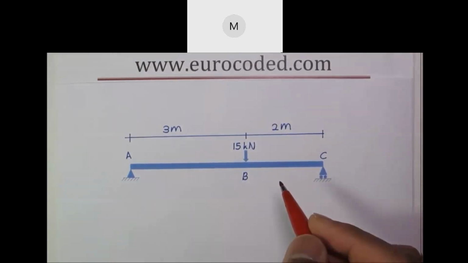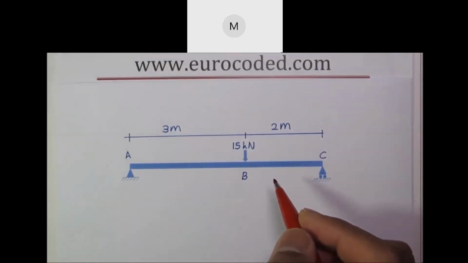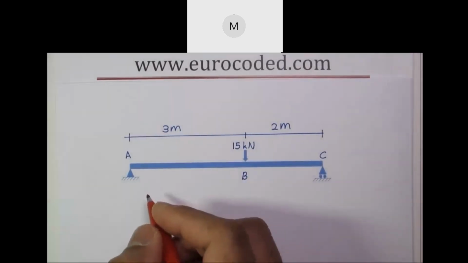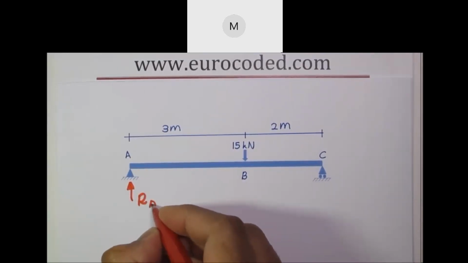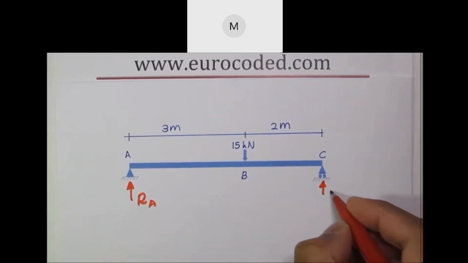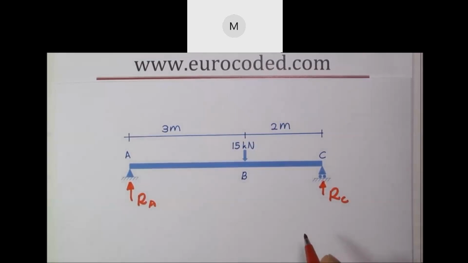We only have one vertical load applied onto the beam at B. Hence, we would only have vertical reactions at A and C. If I note them as RA and RC, then we can begin our calculations to determine the reactions at supports.